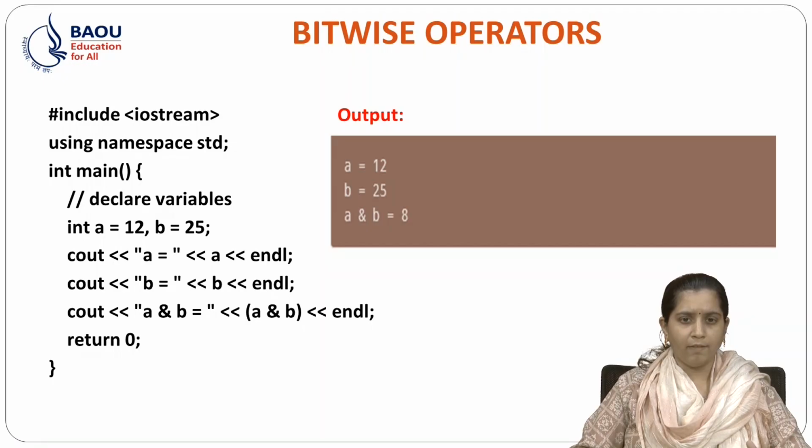First of all, I have shown the user that a is equal to 12 and b is equal to 25 using the cout object of iostream. After that, I have done a and b, stored it in a variable, and what this will give me is 8.